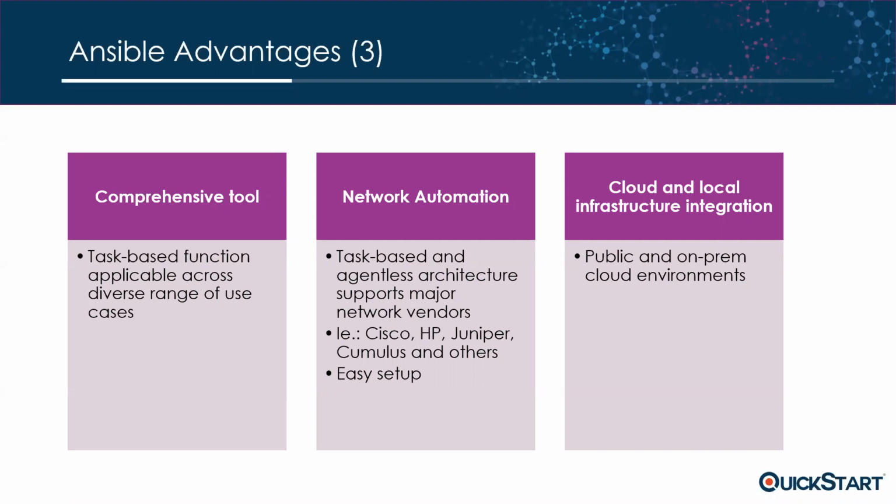And it also lends itself well to network automation because of its simple agentless architecture and its task-based functionality as well. So it also supports major network vendors like Cisco, HP, Juniper, Cumulus, and others that I really don't remember at this point.